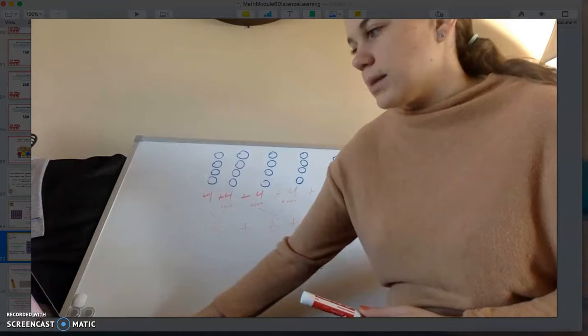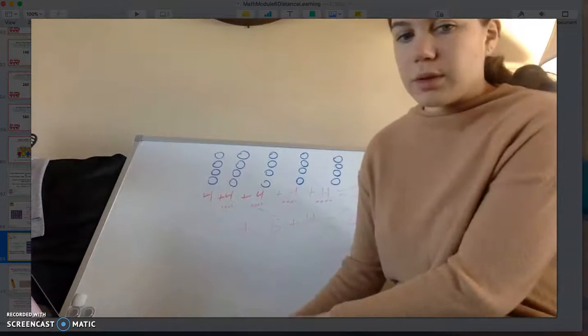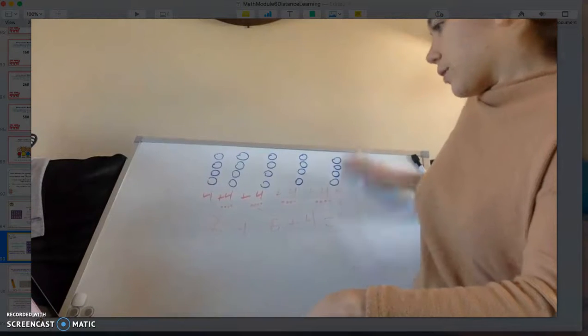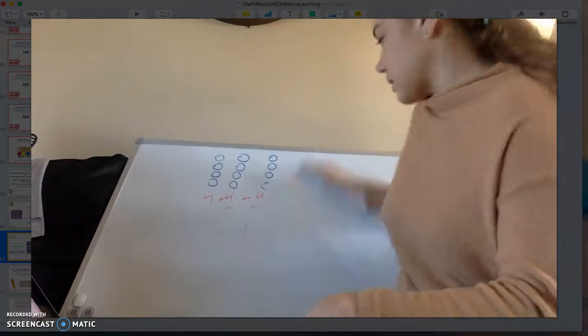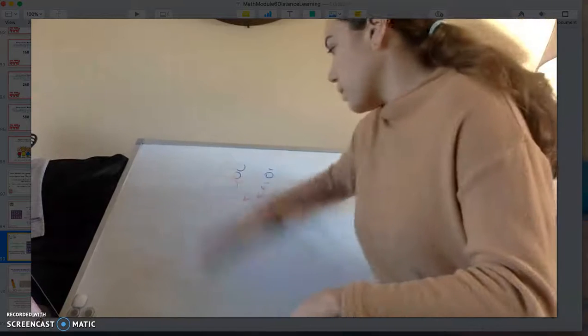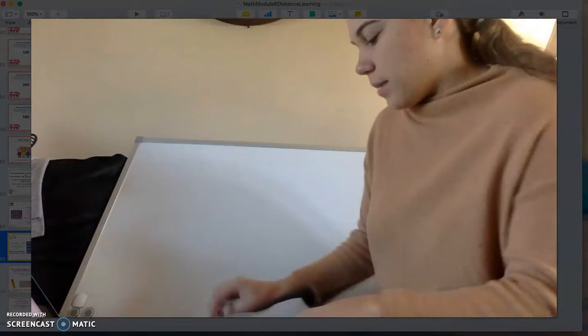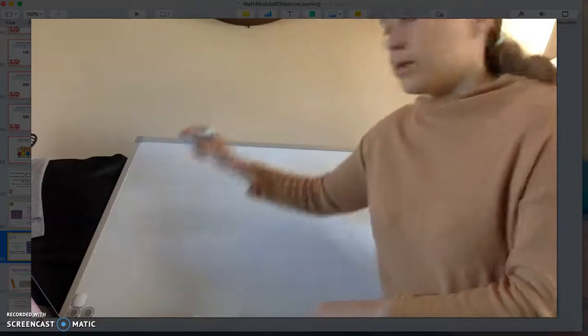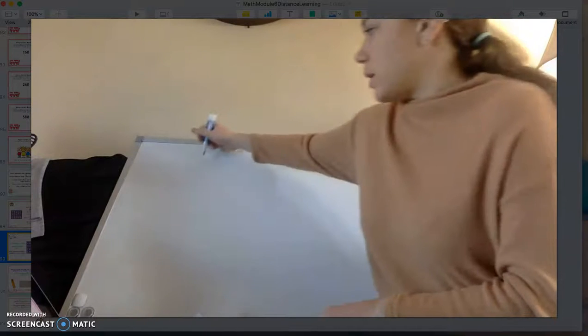Now our problem asks us, create an array of 3 rows of 6 tiles. So I'm going to show that up here. So we have 3 rows. Remember, rows go this way. So each has 6 tiles.